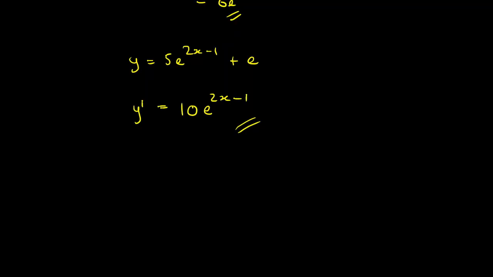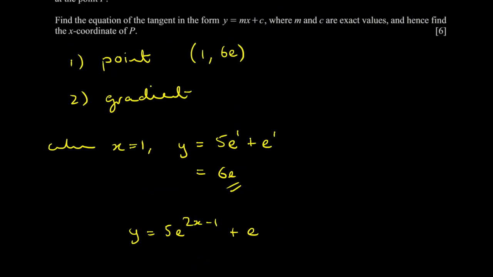Okay, so that's the derivative. So now we're going to substitute in when x is 1. So when x is equal to 1, y prime will equal 10e to the power of 2 times 1, which is 2, minus 1 is 1, so we get 10e to the 1 is the gradient. So the gradient of the tangent is 10e.